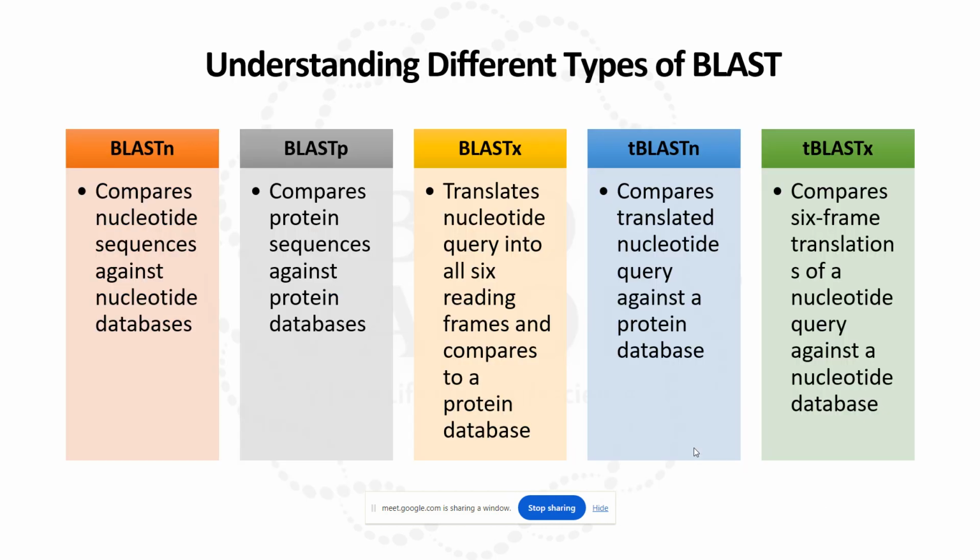We have 5 types of BLAST: BLASTN, BLASTP, BLASTX, TBLASTN, and TBLASTX. For BLASTN, we give nucleotide sequences and search against the nucleotide database. Similarly, for BLASTP, we give protein sequences and search against the protein database. The nucleotide and protein databases are mentioned because when you go to the background databases of NCBI, you will find a number of databases.